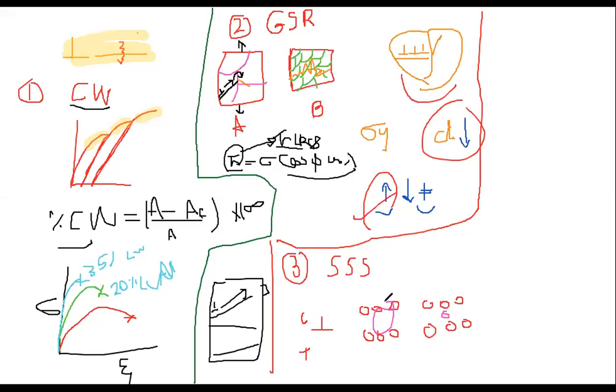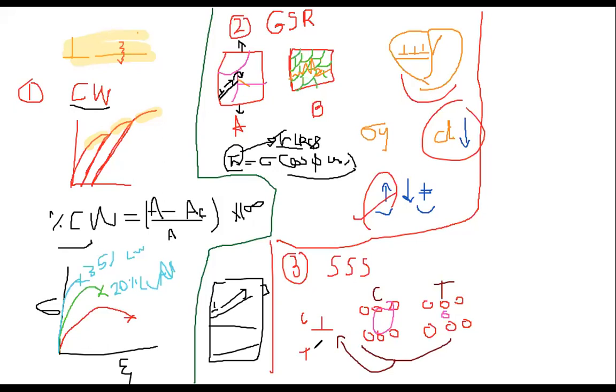So larger atoms will push the atoms away. That will result in compressive strain field. And the smaller one will pull the atoms toward it. That's going to result in tensile strain, right? So we're going to use this to play with the compressive and tensile strain around the dislocation in order to minimize the energy.